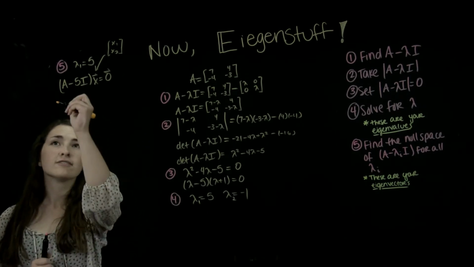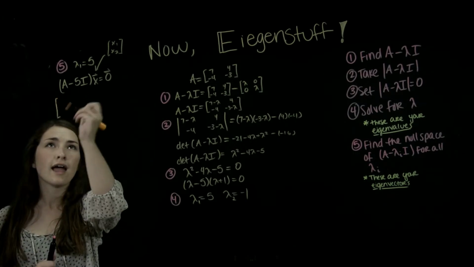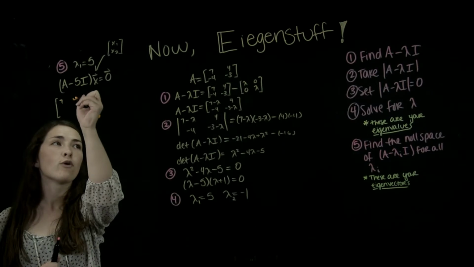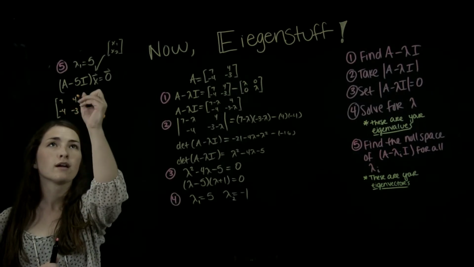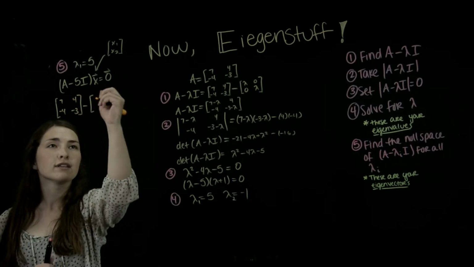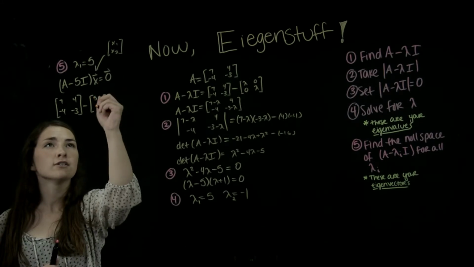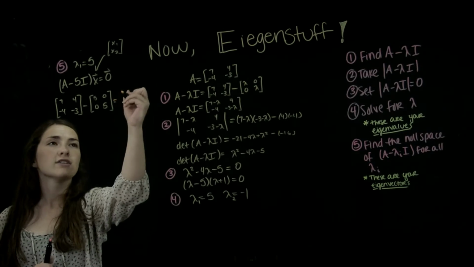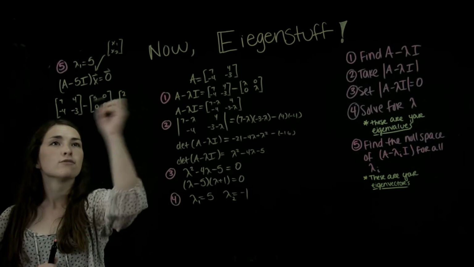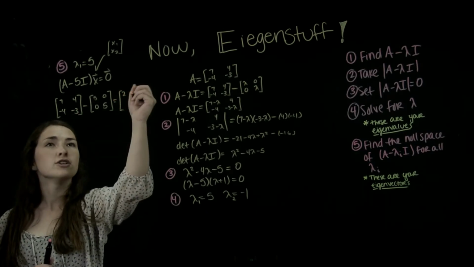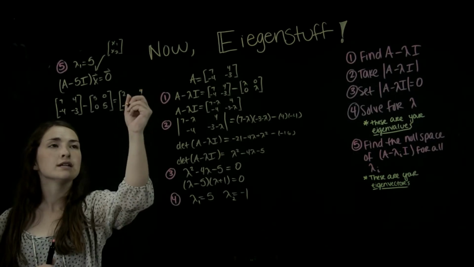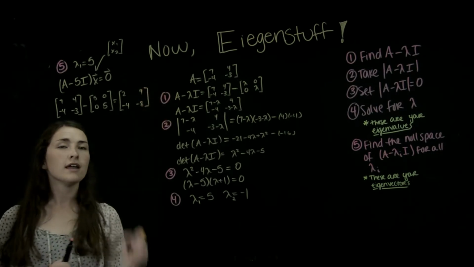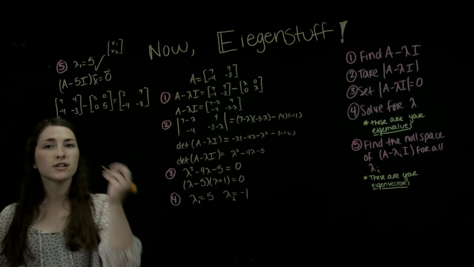So we're going to take our A, which is 7, 4, negative 4, negative 3, subtract 5I, which is 5, 0, 0, 5, and that's going to give us this matrix. 7 minus 5 is 2, 4 minus 0 is 4, negative 4 minus 0 is negative 4, and negative 3 minus 5 is negative 8.